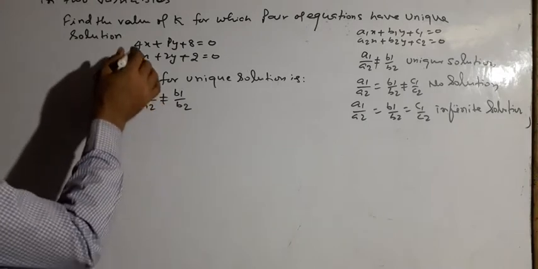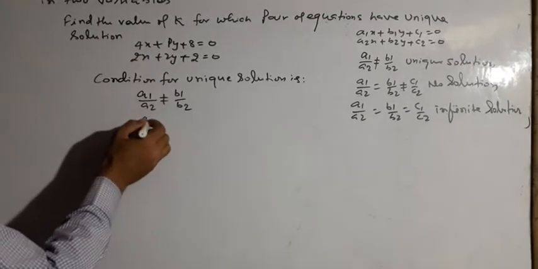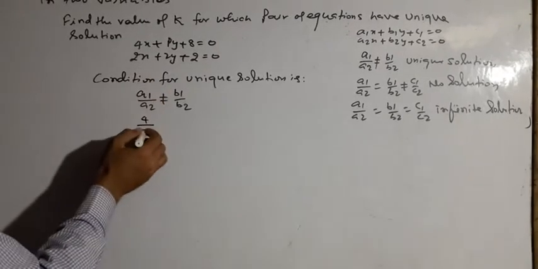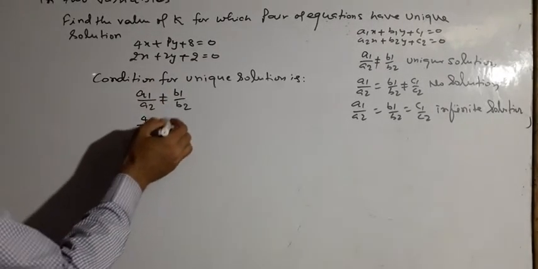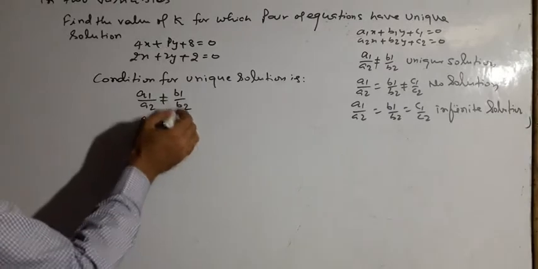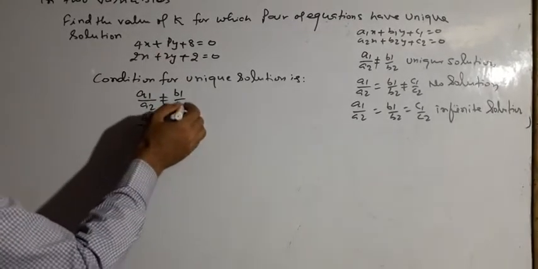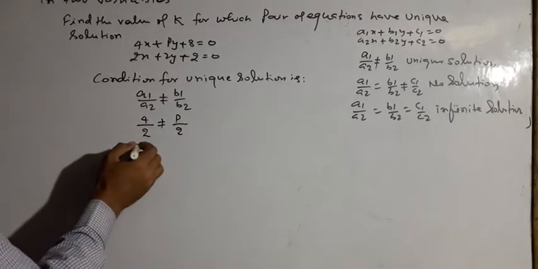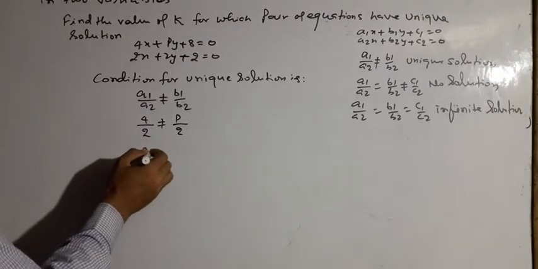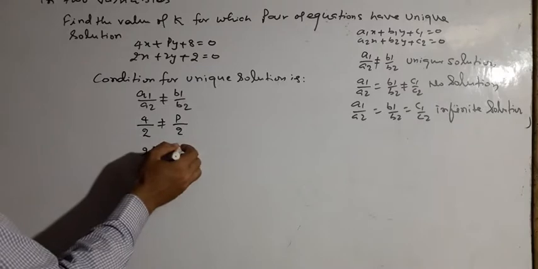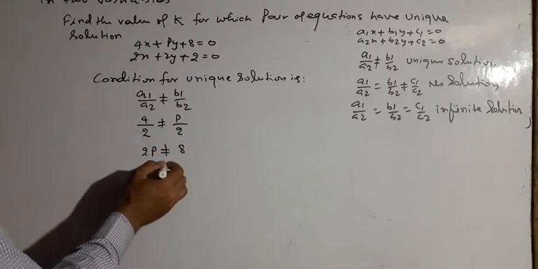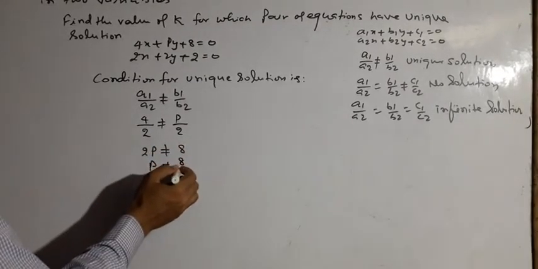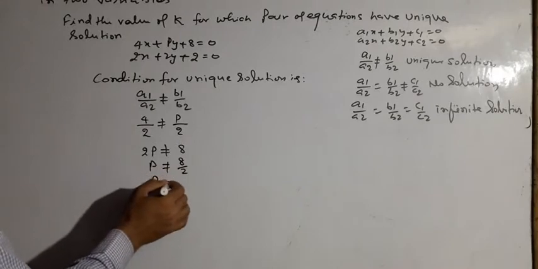Put the value of a1 as 4, a2 as 2, not equal, b1 as p, b2 as 2. By cross multiplication, 2p not equal to 8, p not equal to 8 by 2, p not equal to 4.